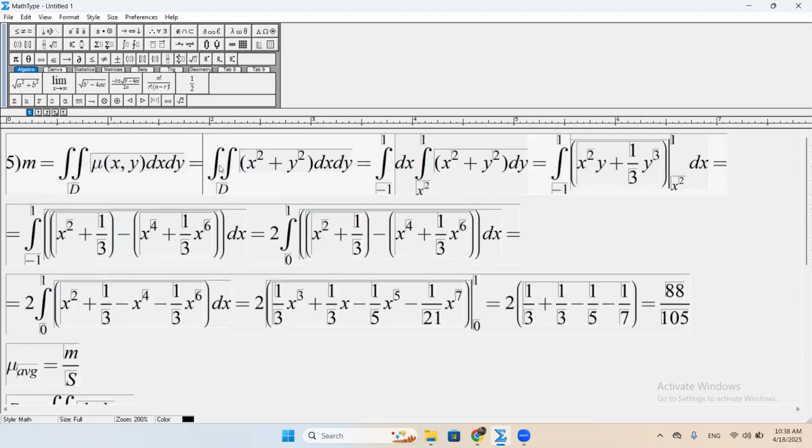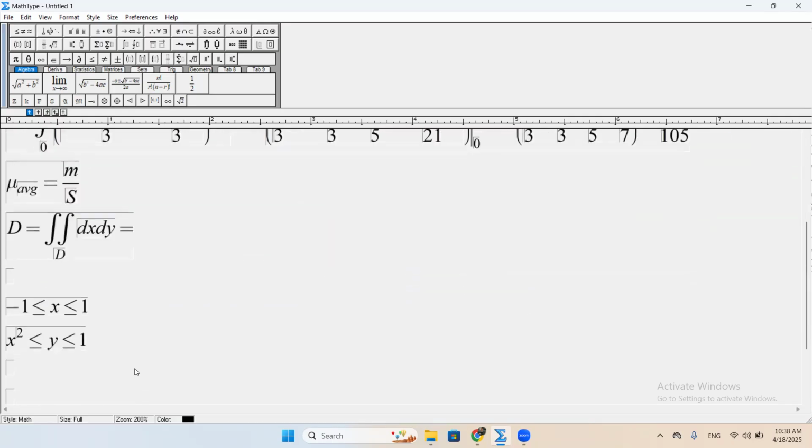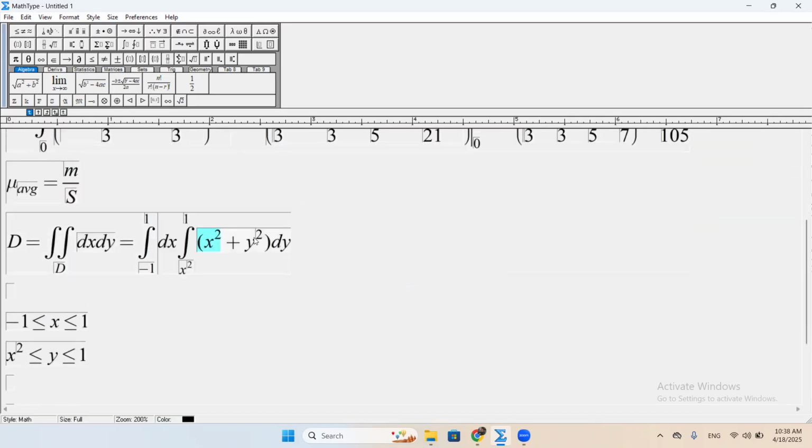So we have the following integral, from -1 to 1 of 1 minus x squared dx.